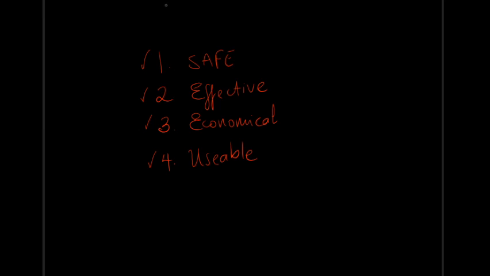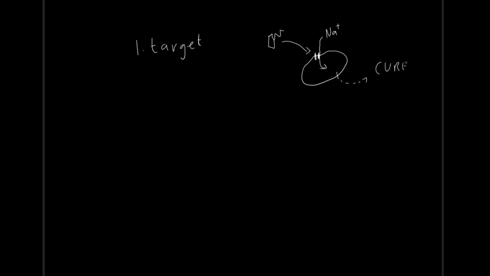So what that means then is that the steps we need to go through are, we need to first of all find a target. So for example, typically a target might be a receptor in a cell, and then our drug might come along, bind to that receptor perhaps and cause it to open and cause an influx of, let's say, sodium ions, and then the result of that would be a cure.